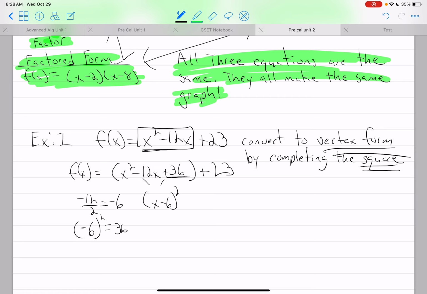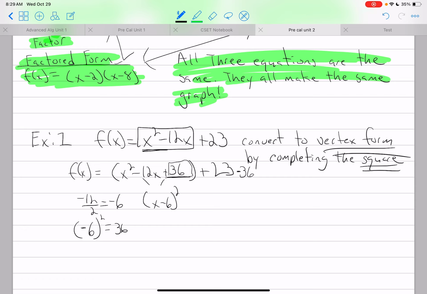But the one piece that's different, right, is if I added this plus 36 here, I can't just add plus 36, so I have to also subtract 36. So I'm going to do minus 36, right? So I added 36, but I also subtracted 36. So you should be able to see how I really didn't change anything. Plus 36 minus 36 is a 0. This time I just didn't put it on the other side of the equation.